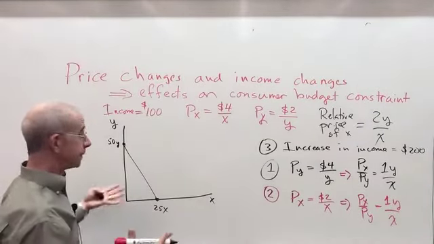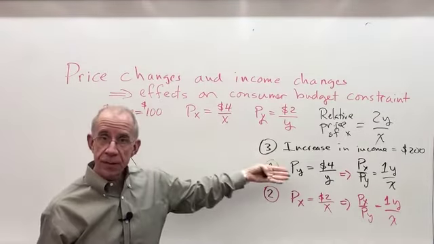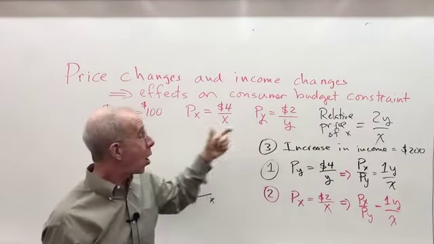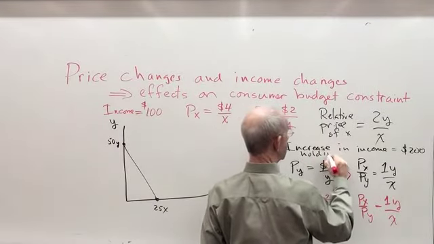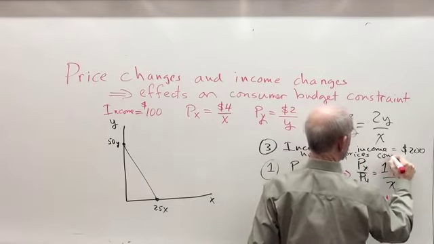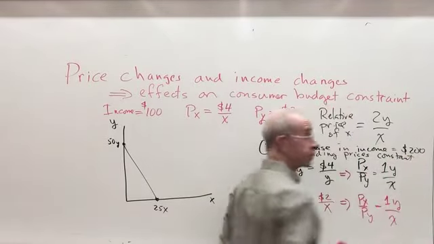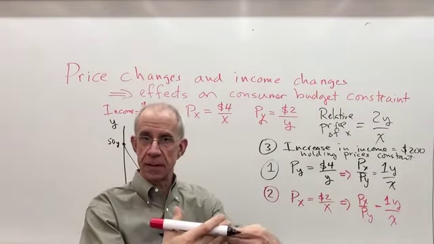Now this turns out to be really quite easy. An increase in the income, holding prices constant. Okay, let me be very explicit about that. Doesn't change the relative prices, but expands the income.